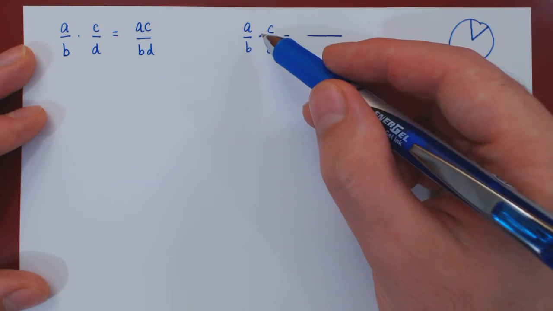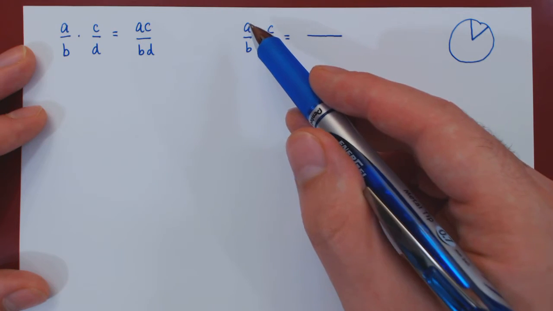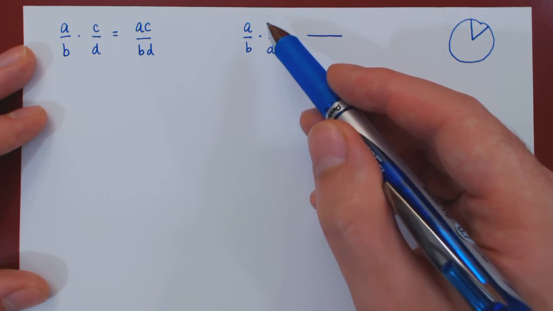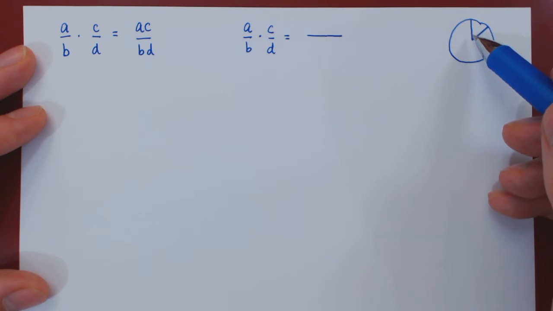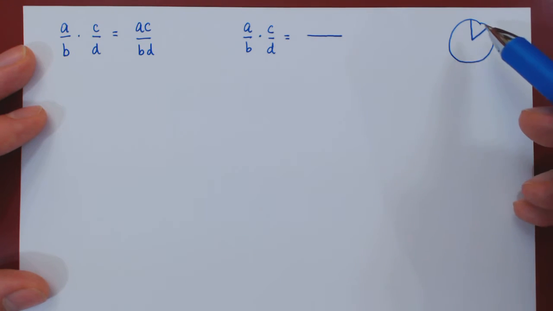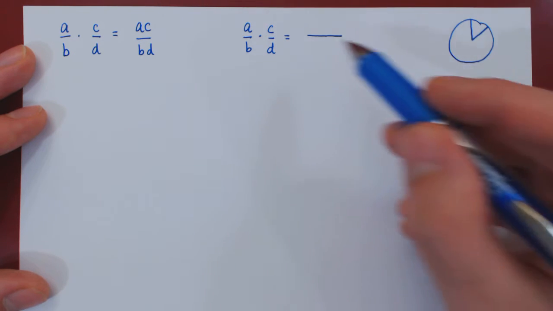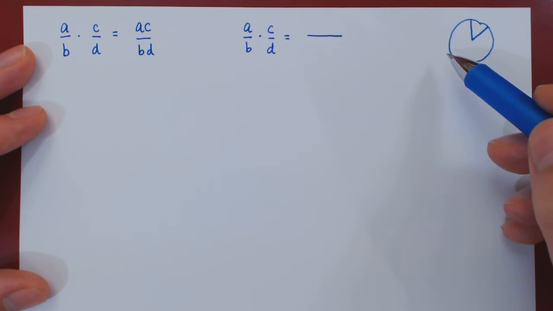And now when you think of a multiplication, what we're really saying is we want to take a out of b of c out of d. So it means that for every original part that we were taking in c out of d, we're only taking a out of b of this part, and that goes for every other part.